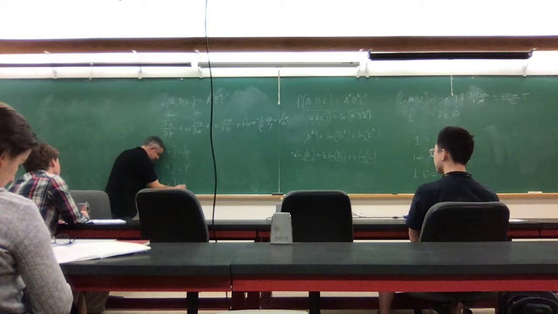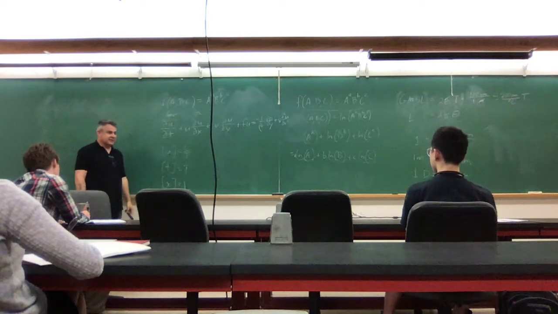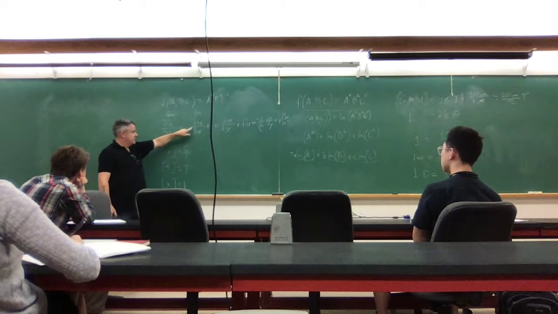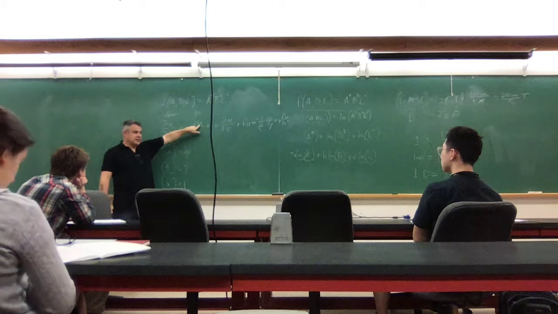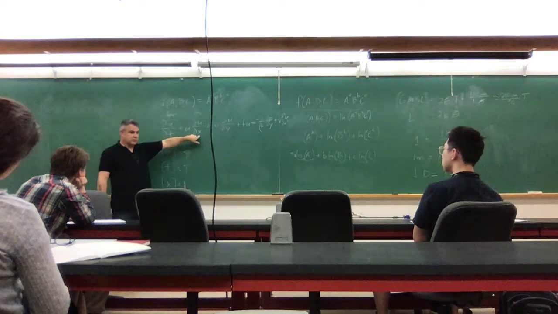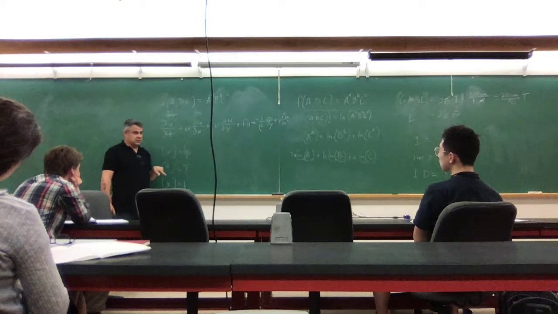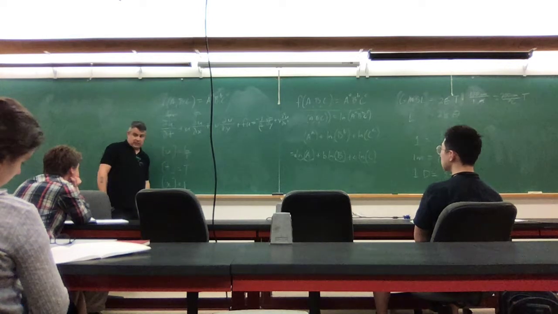This has to be an L, right? So L squared, these two together give you an L squared over T squared. This one gives you a 1 over L. So on that we get L over T squared. Everybody see that?